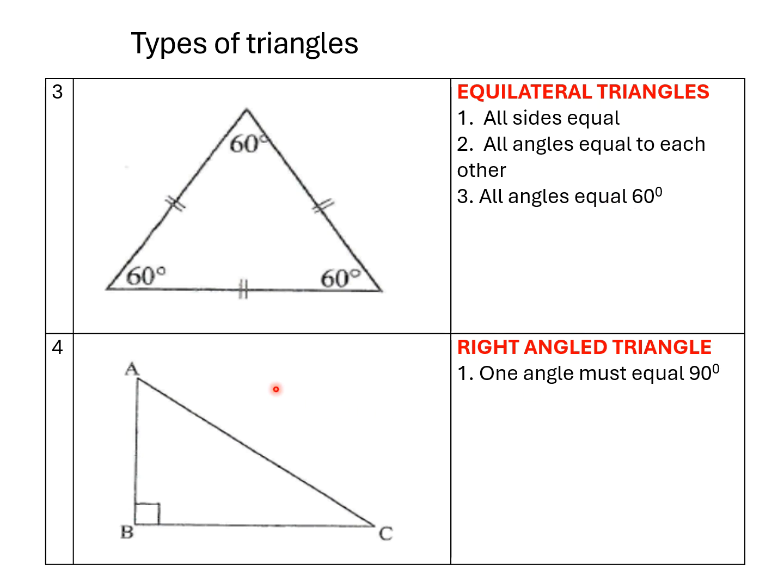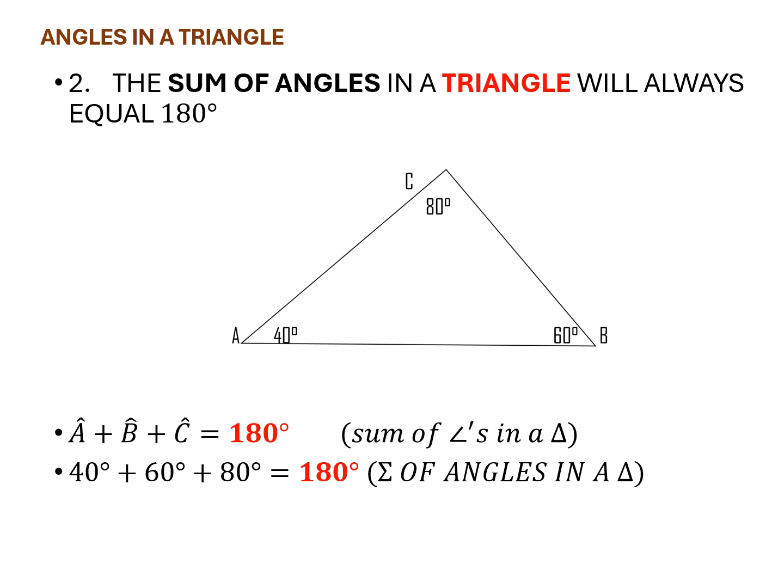Alright? And the last triangle that we will use a lot, especially using theorem 1, is called a right angle triangle. One angle must be equal to 90 degrees, which in this case is angle B. Right? Now, angles in a triangle, number 1, we need to know the sum of angles in a triangle will always equal 180.